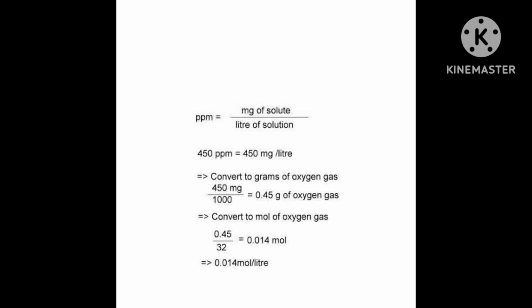Physical chemistry is numerical based and concept based, with formula derivations. First understand the concept, second derive the formula, third use the formula in numericals. To solve numericals you always use molecular weight or atomic weight, because atomic weights are added to get molecular weight.